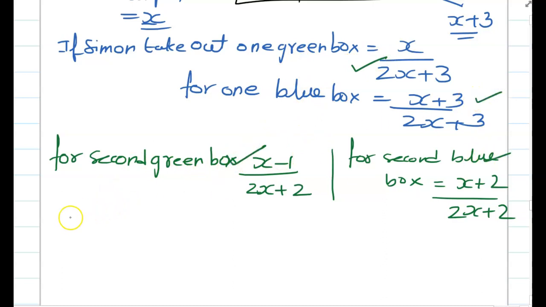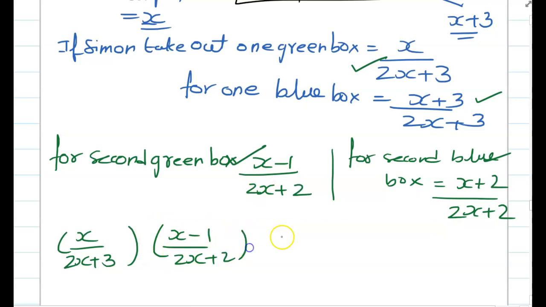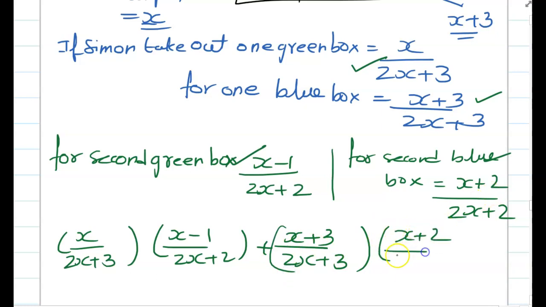Let's write down X over 2X plus 3, that is for green, times X minus 1 over 2X plus 2, plus X plus 3 over 2X plus 3 times X plus 2 divided by 2X plus 2.